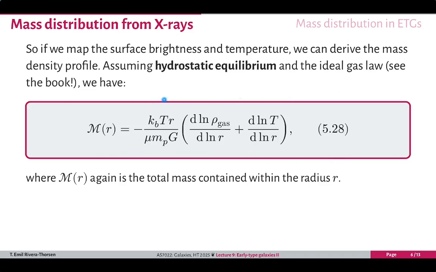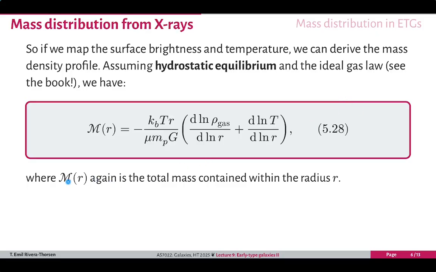But we get this function here, which, as we can see, depends on a number of constants, plus the change in the steepness in the change of gas density and the steepness in the change of temperature. And these are things that we can map observationally from the X-ray gas. That's why it is so useful to us that we have this mass expressed in terms of things that are reasonably easy to observe with X-ray gas.